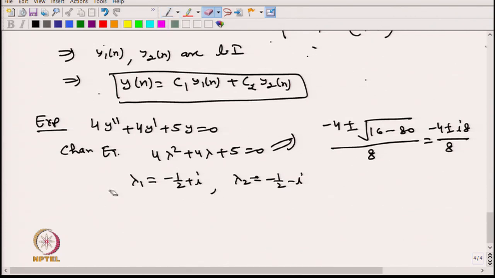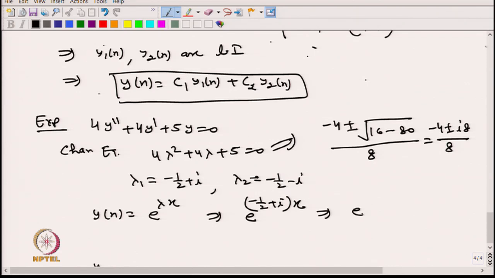Then from the theory we know that my solution in this case, my y1 x, is e raised to power lambda x. So, from here I will define e raised to power minus half plus iota x, just choosing only one, lambda 1.